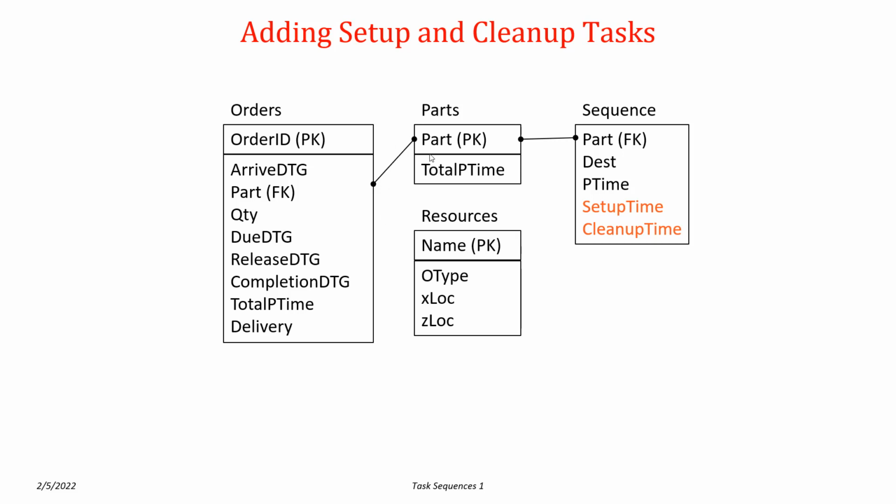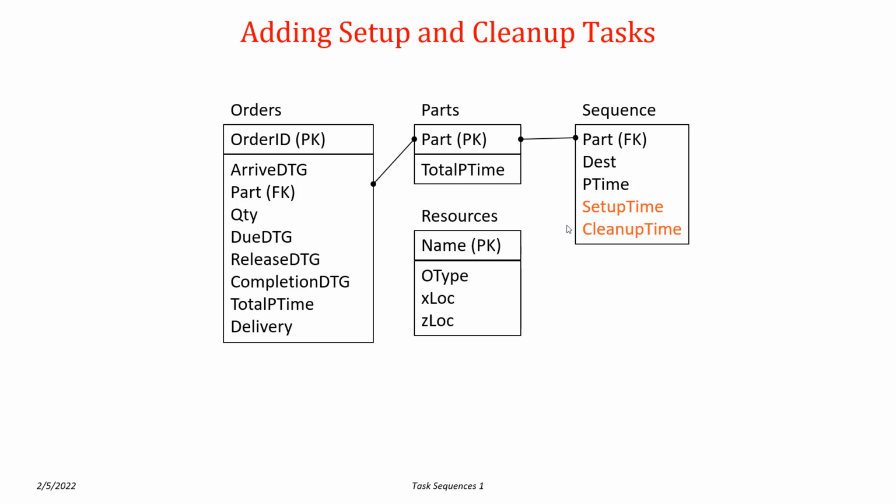The relationship between the part, which is the primary key of parts, and the order is what ties an order to a part, and then between the primary key in parts and the foreign key in sequence defines the sequence of operations. Note that there's also an indirect tie between the sequence and resources, because recall that the destination is the input node from one of the resources. For this particular model, we didn't formalize that relationship, but it's clearly there informally.